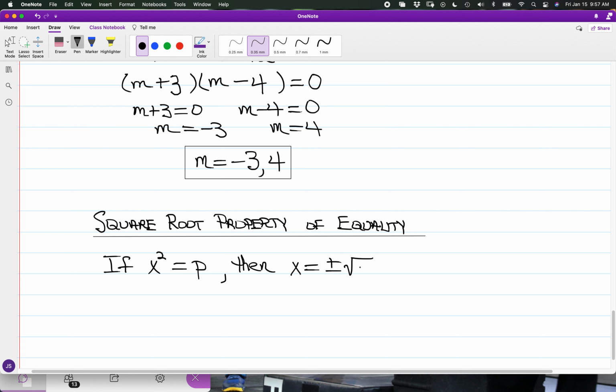And if we separate the solution, we have the square root of p as well as the negative of the square root of p.